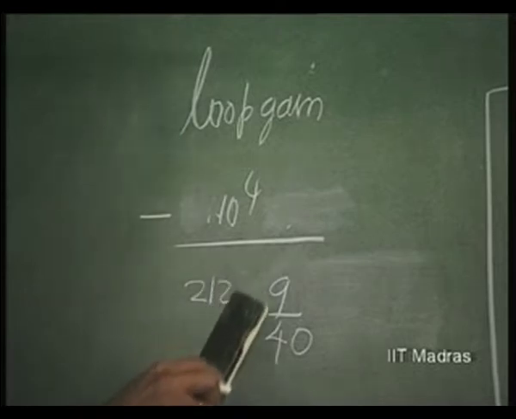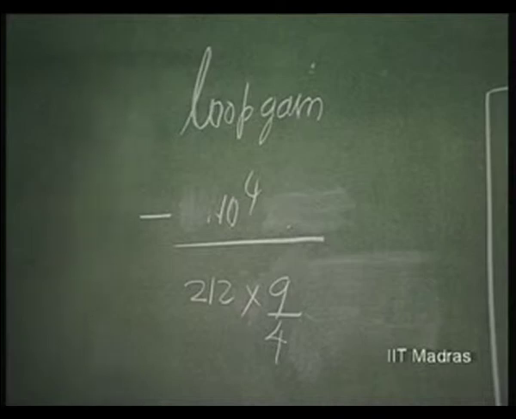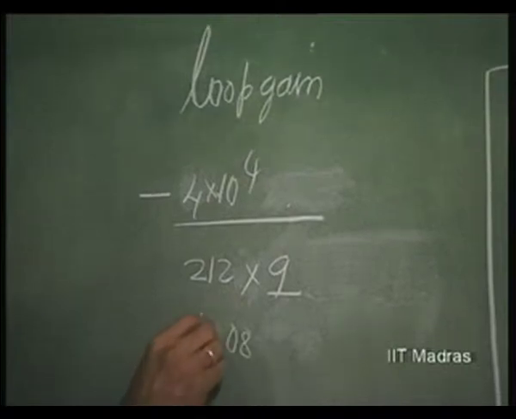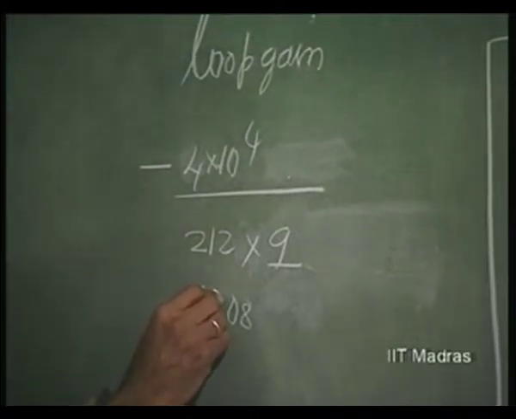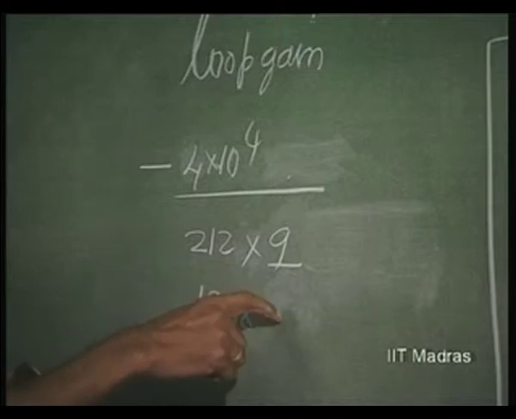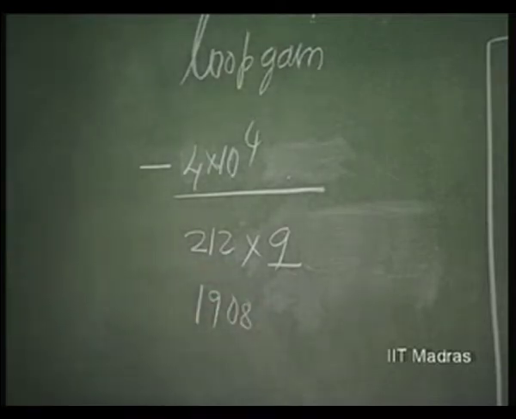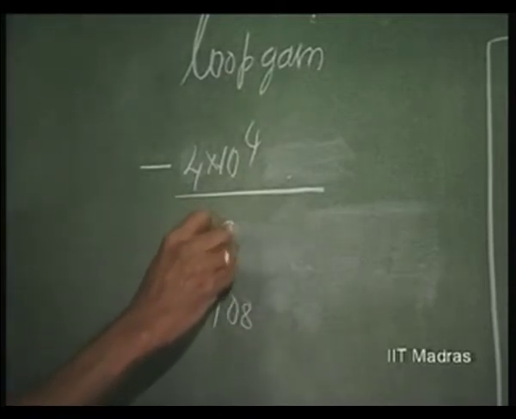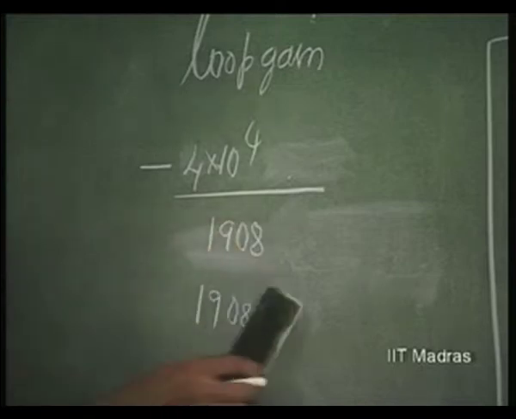This is cancelled with this, and therefore, we have this as 4 into 10 to the power 4 by 1908, about 2000.